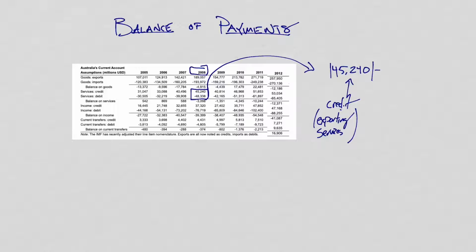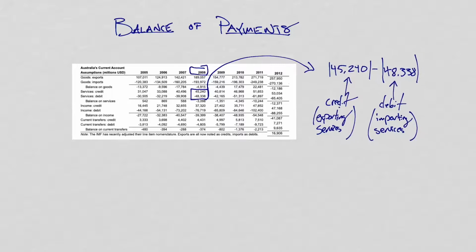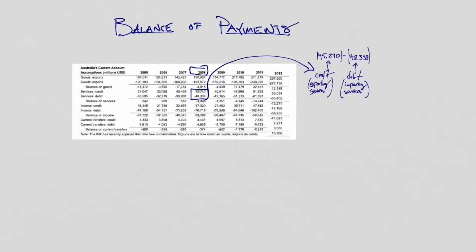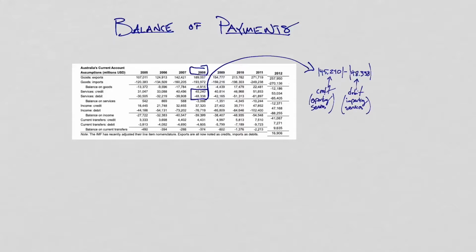And the difference between that and the debit, or the import of services, is the net difference between how much they exported and how much they imported. And here in this case for 2008, that total is minus $3,098.